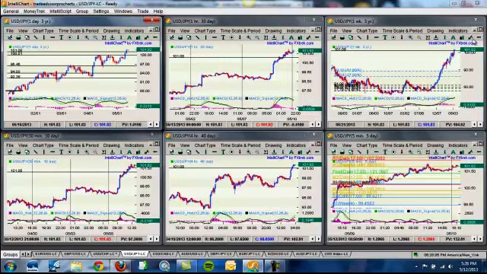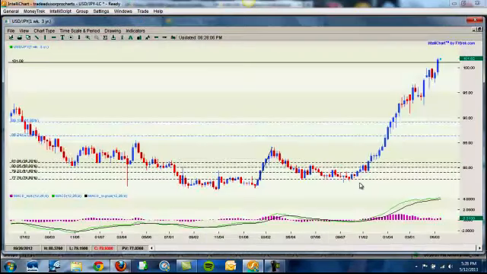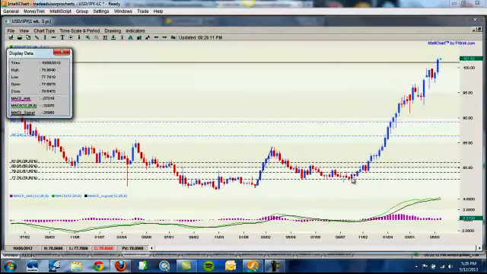This pair is just going insane. Right around here, let's see what date this was. October 5th, 2012. This pair started going sideways, out of the downtrend that it was in, and by the way, this is the weekly chart. You can see that the selling pressure started backing off. We started getting all kinds of ups and downs and some pin bars, which means we were looking at market reversals.